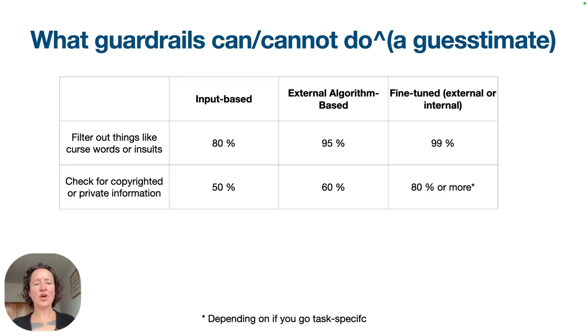Next one, copyrighted material, private information. Input-based, depending on if you actually decide to really build this out, you can probably catch half of them. Algorithm-based can get you further, but unless you're specifically building for your own task, for your own use case, what do you really mean here?